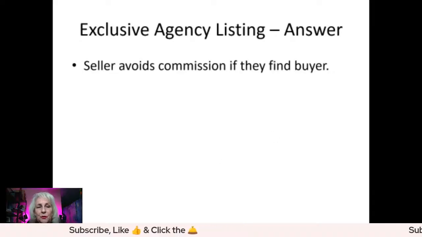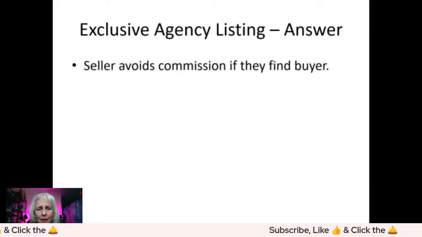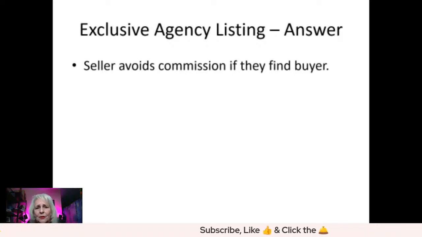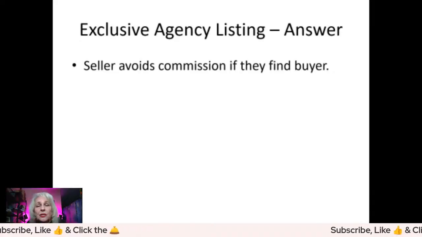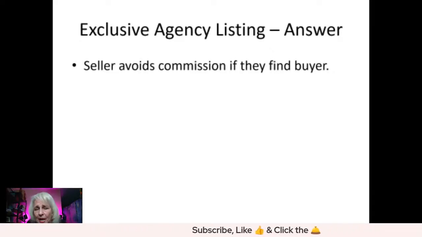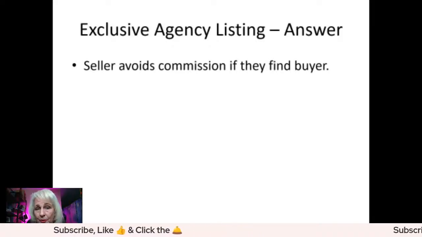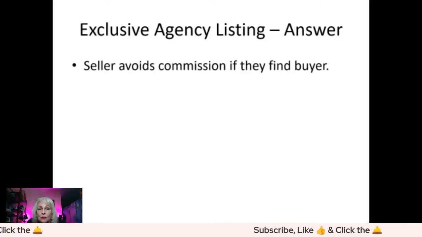If we do an exclusive agency listing with a seller, then the seller finds the buyer, we get nothing. The broker gets nothing. So we just did all this work. We did all the marketing and advertising, but then the buyer comes directly to the owner and the owner sells it. But who do you think attracted those buyers?